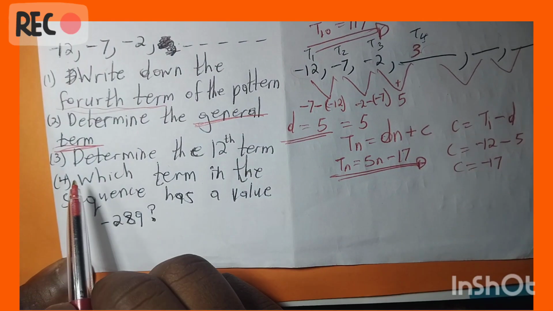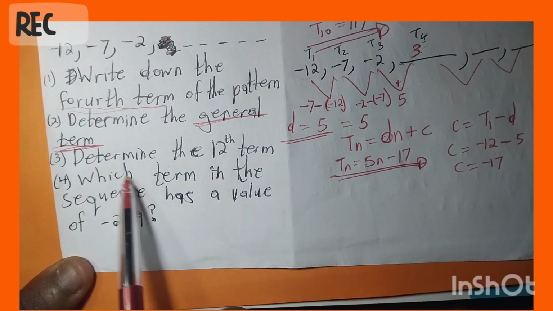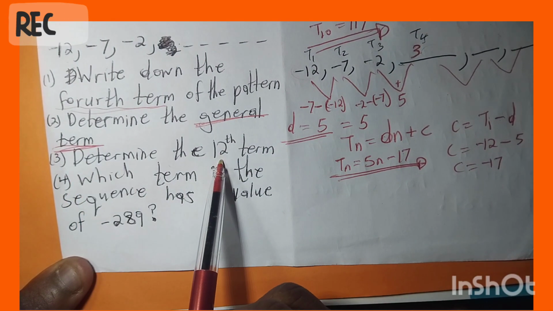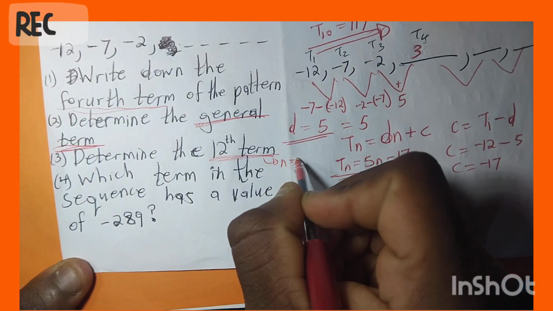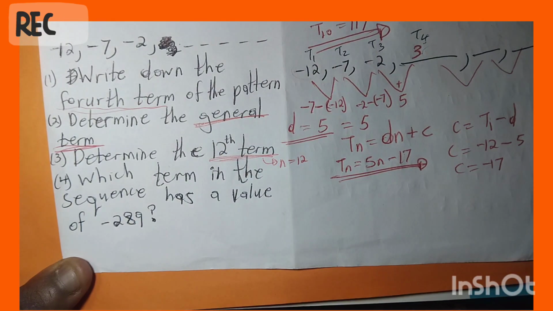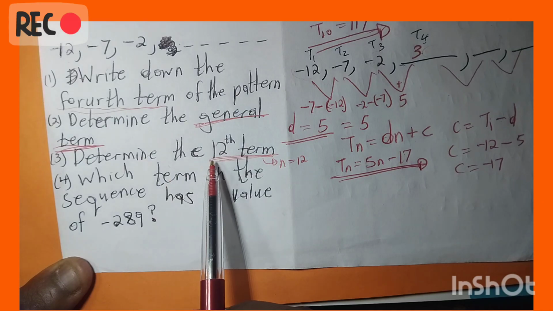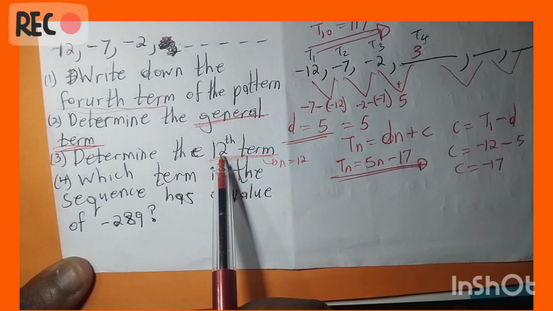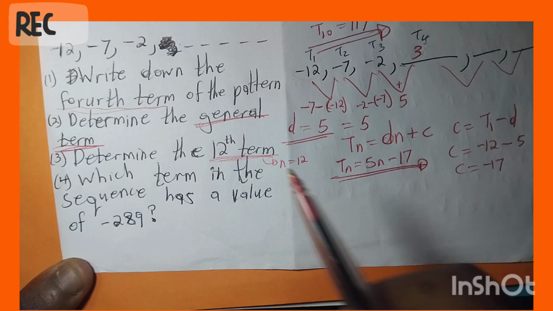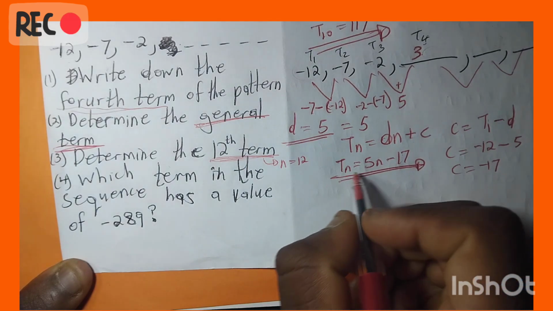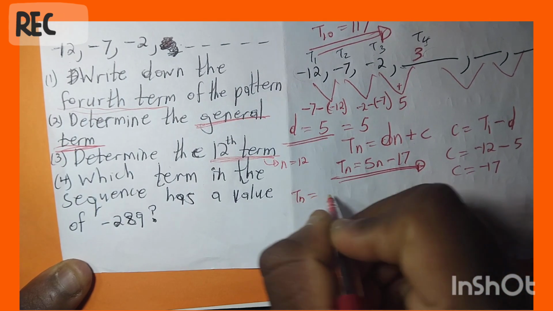So the next question will simply say now determine the 12th term. If they give you this, guys, that thing there is your n, by the way. They want you to determine on position 12 what number the pattern will have. So for you to determine that, you just use the equation.